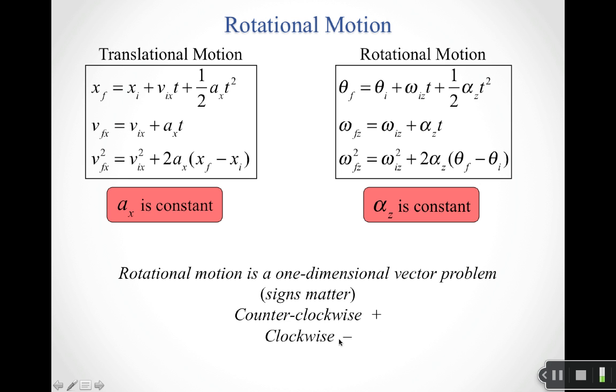But if you choose to let a counterclockwise rotation be negative and a clockwise rotation be positive, that's okay as long as you're consistent with your choice of signs. Just like any one-dimensional vector problem, once you pick a positive direction, in this case whether something is rotating clockwise or counterclockwise, you just need to be consistent with that choice.